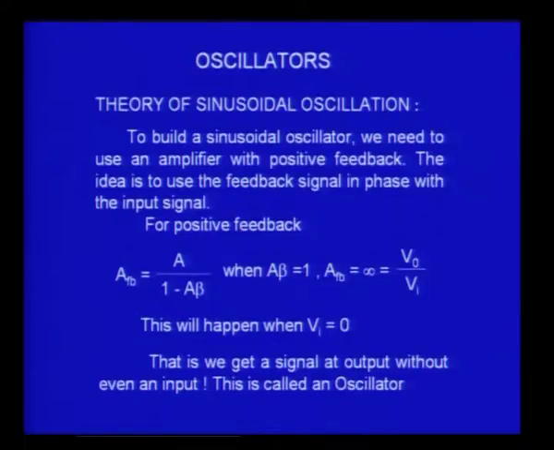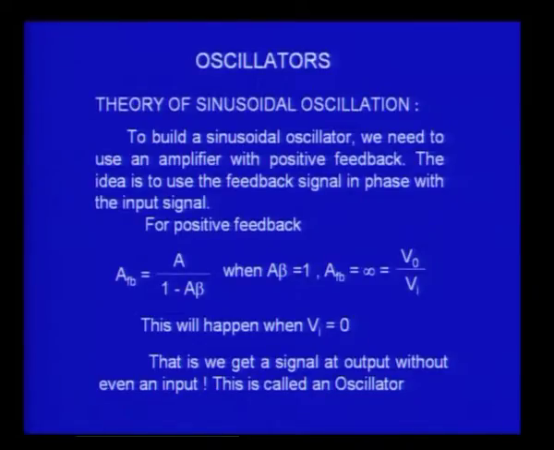So this A beta condition you will not get all the time, it has to be satisfied only at one particular frequency. You will see that this feedback will have to be given through some frequency sensitive, reactive components, and therefore you would find this condition will be true only for one specific value of frequency corresponding to the reactance.